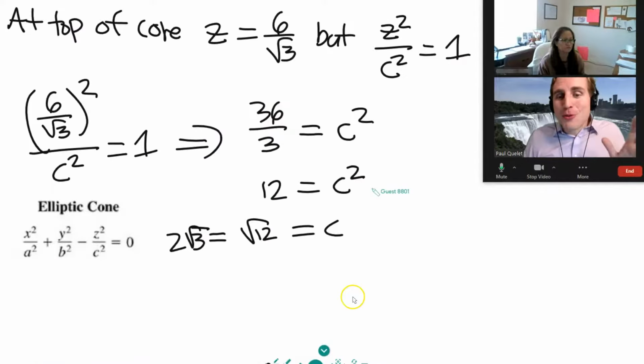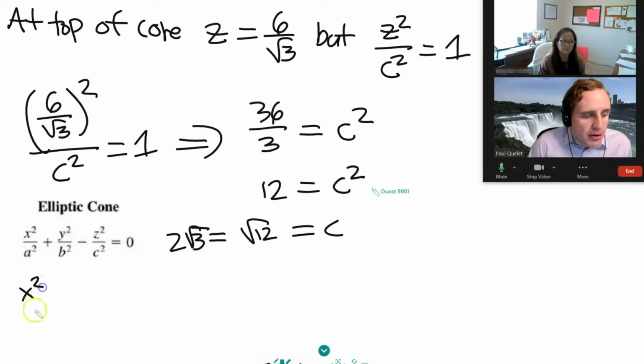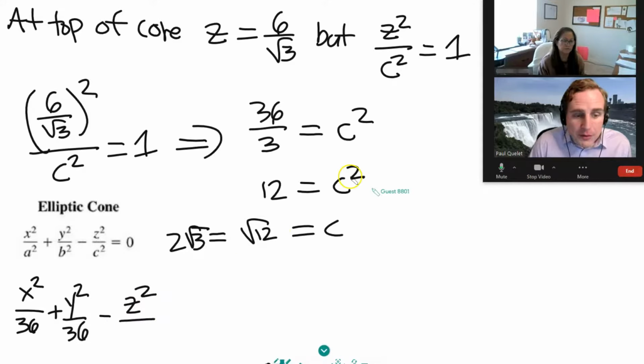Even though we found what c is, it's always the same in this equation, and it's for any general x and y and z. So it's going to be x squared over 36 plus y squared over 36 minus z squared over, now c squared is 12, equals 0.